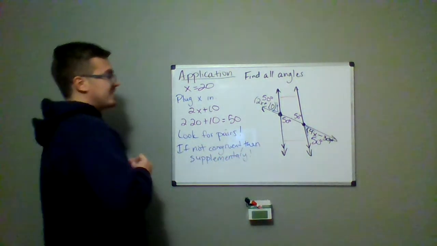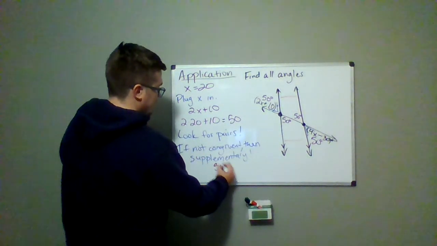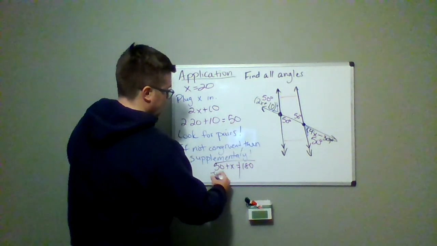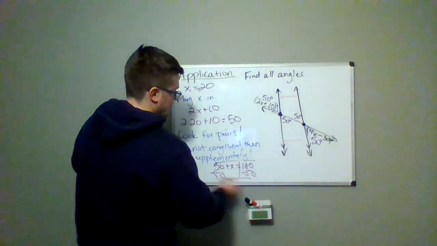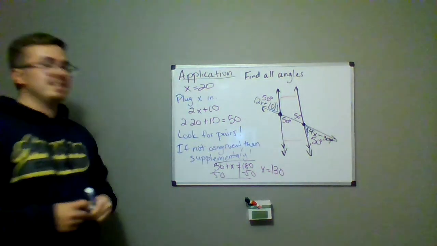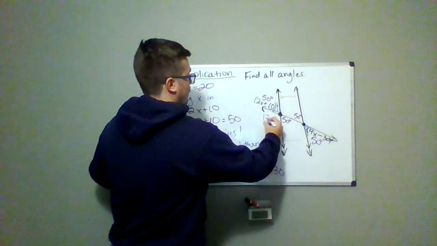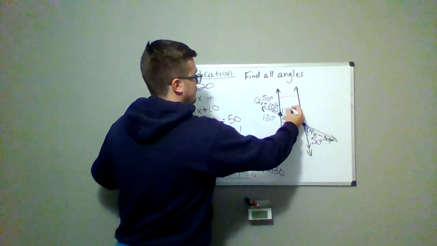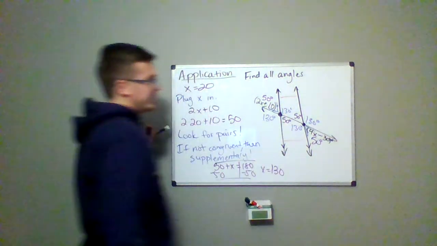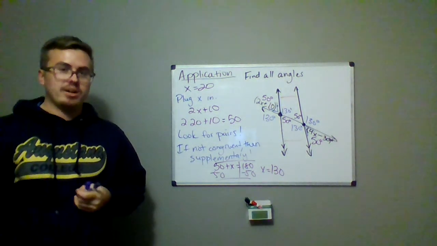So that means that to find my missing angles, I can do 50 plus x equals 180, t-chart minus 50, x is equal to 130, which means all of my angles that I have left are 130 degrees, because they're all supplementary to an angle that's 50 degrees. And boom, I found all of my angles in that diagram.